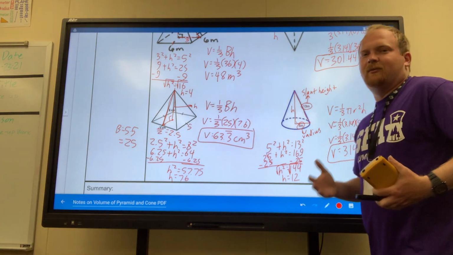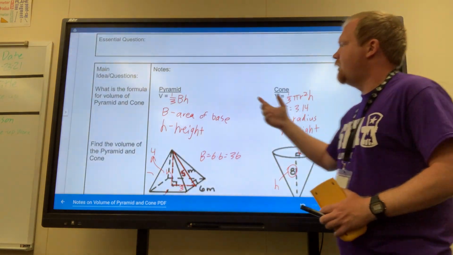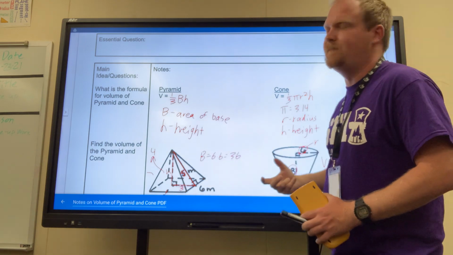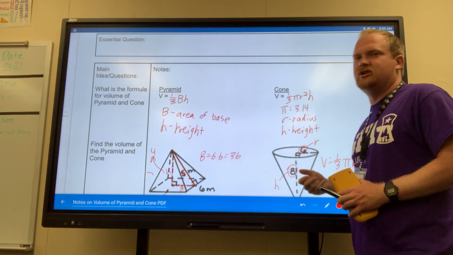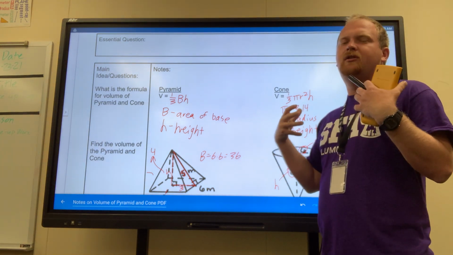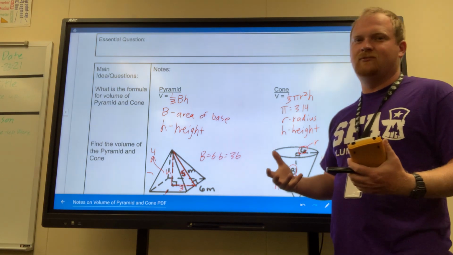So, the biggest thing that we got to remember is that when it comes to volume, it's 1/3 of the base times height for a pyramid, and 1/3 times pi r squared times h for a cone. With pyramids and cones, they're basically 1/3 of prisms and cylinders.